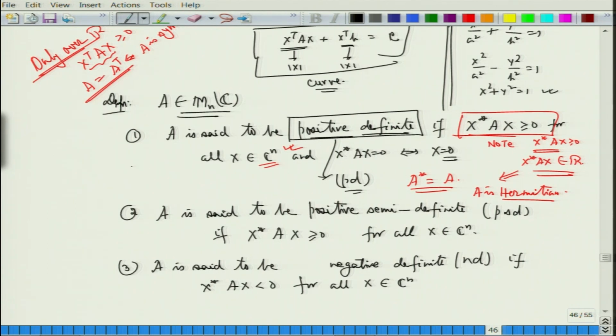So it is just the negative of this part.